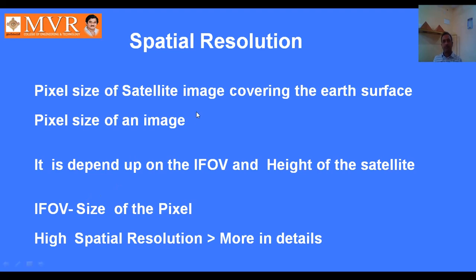The first one is spatial resolution. I already explained that spatial means area, and area means the size of the pixel, the pixel size of a satellite image covering the earth surface. At the first time I told you, each pixel denotes a feature on the earth surface, on the ground. This pixel size depends upon the instantaneous field of view and the height of the satellite.